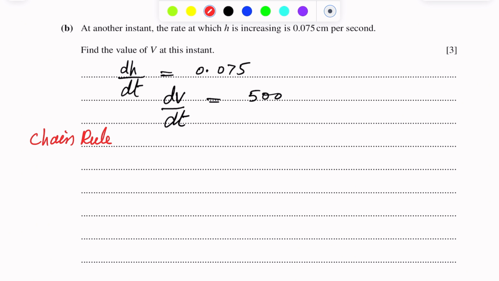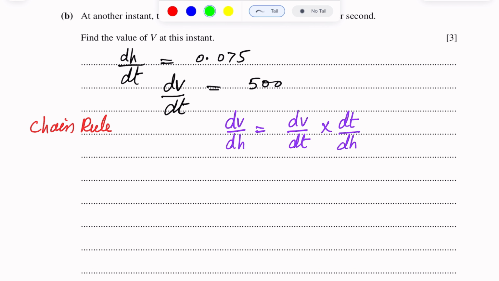Chain rule is dV over dh is equal to dV over dt into dt over dh. Putting the values, dV over dt is 500, and dh over dt is 0.075.